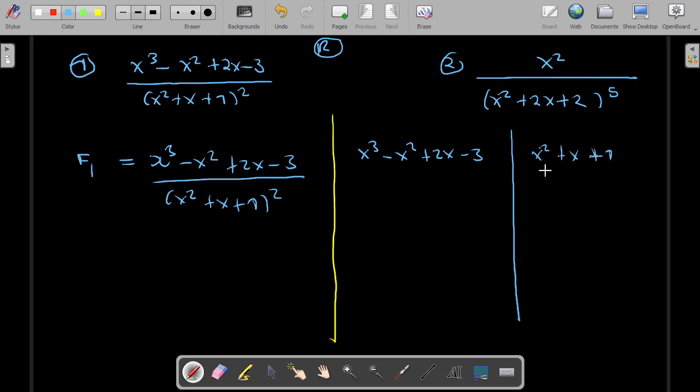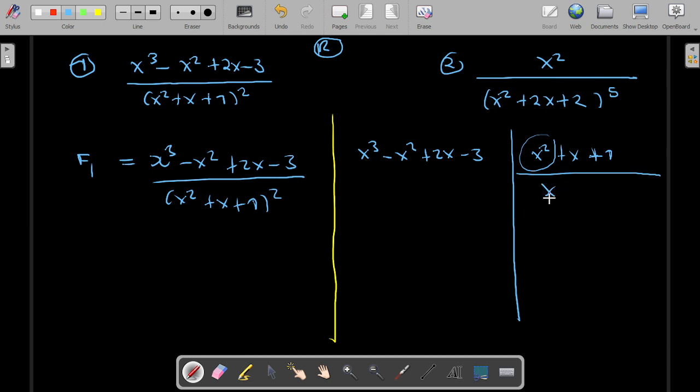So we want to divide x to the power 3 minus x squared plus 2x minus 3 by x squared plus x plus 1. Now here we're going to take this first term and divide it by the first term here. So when we divide it by the first term, we're going to get x, like so.